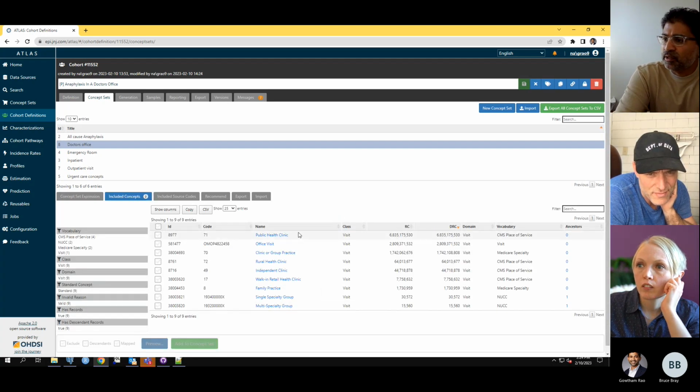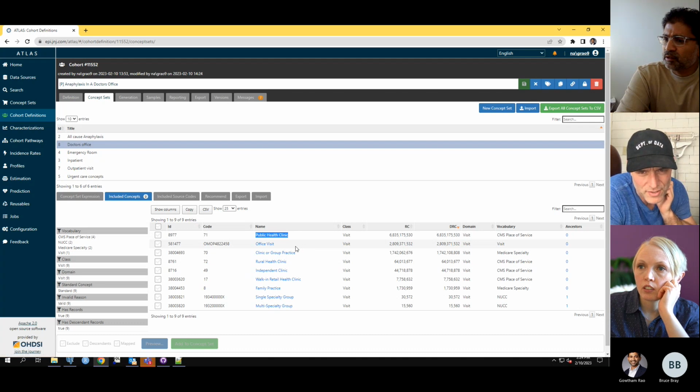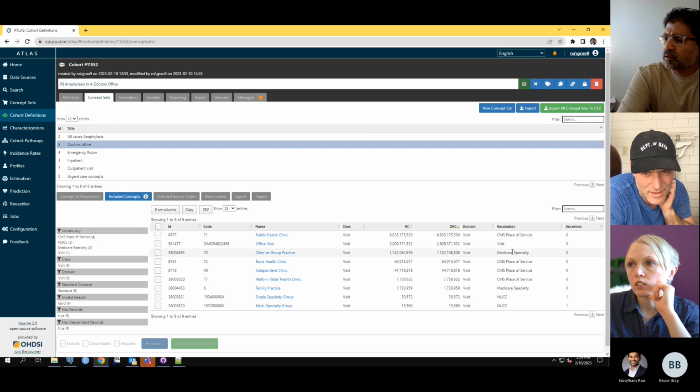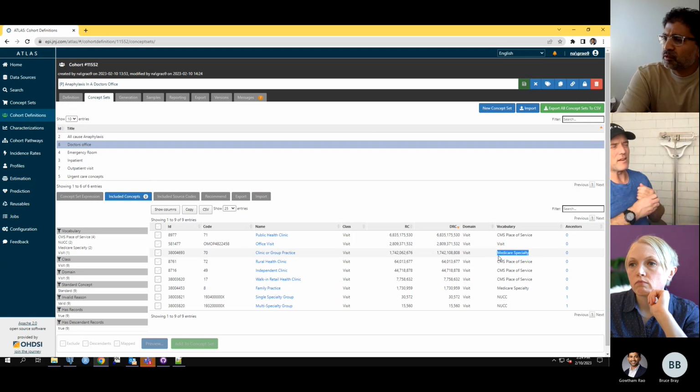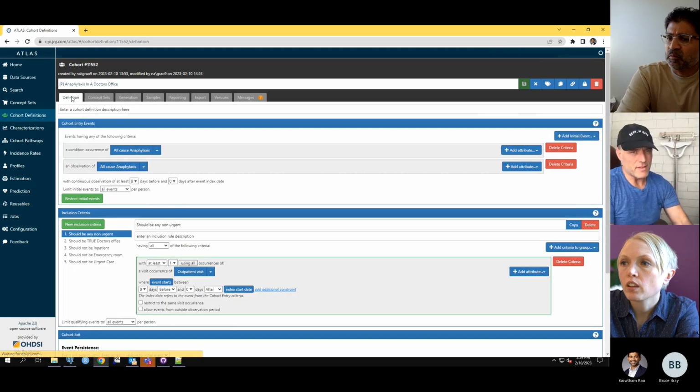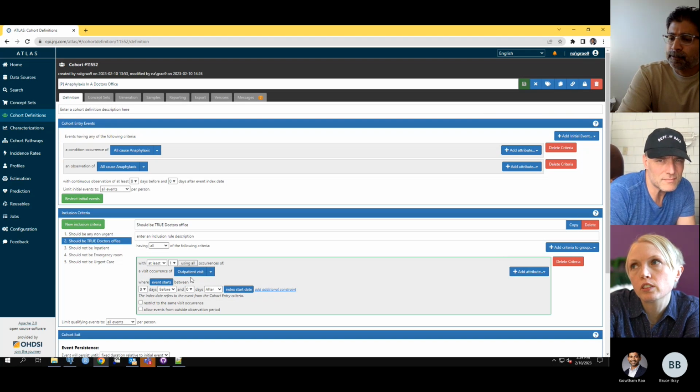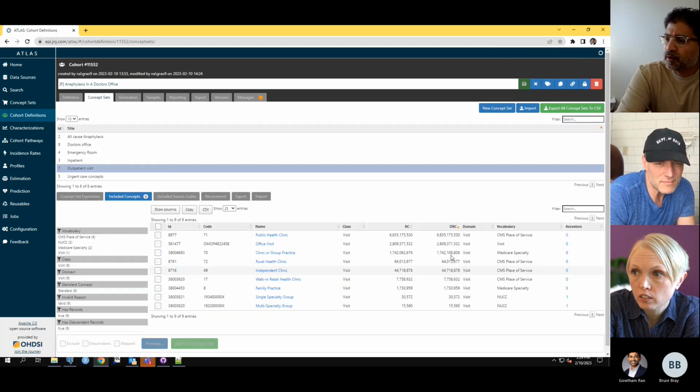Yeah, so Medicare specialty is the vocabulary of family practice. I don't even know where it comes from. I just wasn't sure whether any other data set would have it in there. Sorry, is that a location or the type of specialty that provided the care?